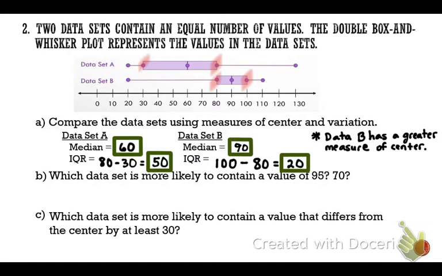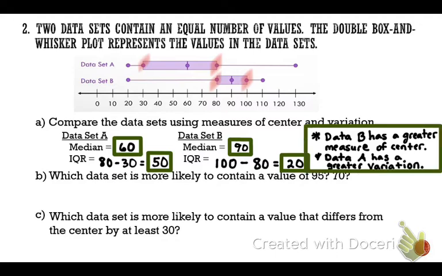Braden, explain to me comparing this IQR with that IQR. What would you say? Which one is bigger? Okay, so we're going to say data A has a greater variation. And that's how you compare the measure of center and the variation, or the IQR.